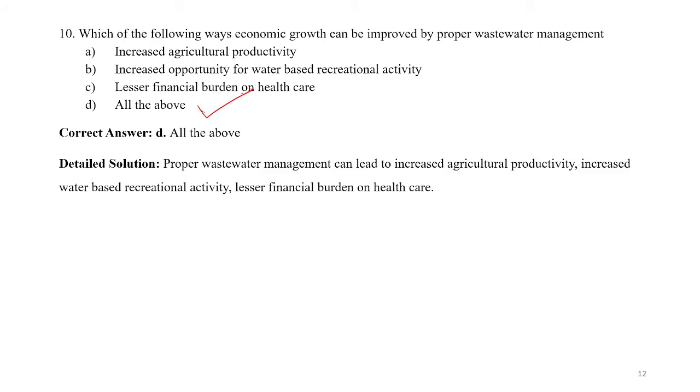Because we have already discussed, if we have proper wastewater management, then we will have increased agricultural productivity along with increased opportunity for water based recreational activity, then lesser financial burden on healthcare, because once the health status improves in a particular area or region, there is less financial burden coming up in that area for healthcare, and that way also economic growth can be achieved.